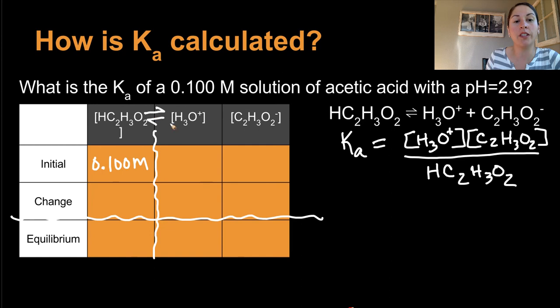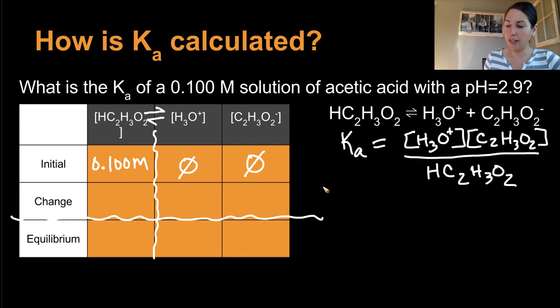Now, before this dissociates, all of the concentration is in this format, and here we don't have anything. Once it dissociates, what we're going to look for is what we have at equilibrium for those values, and then we'll plug them in. Now, we have to get our hydronium or hydrogen ion concentration.